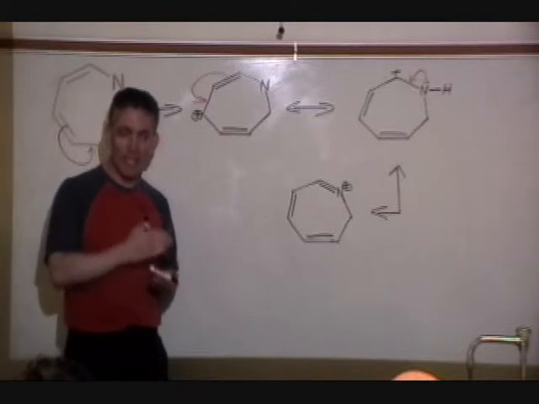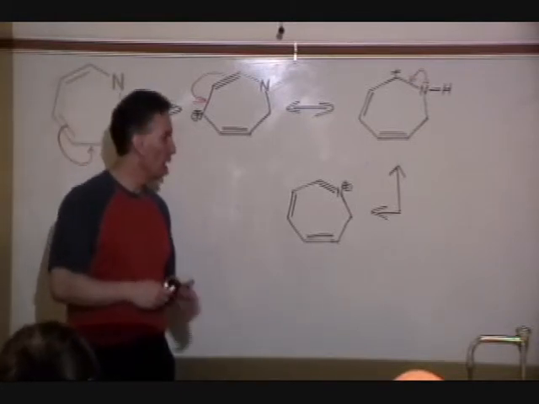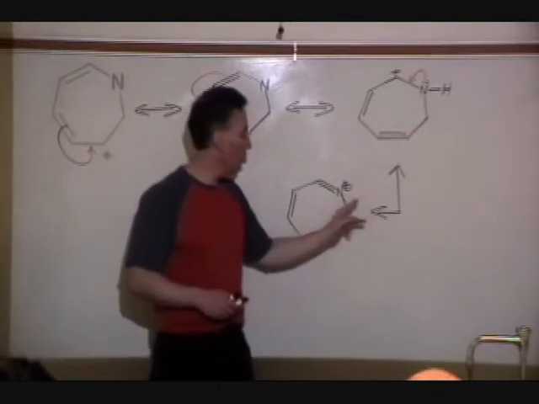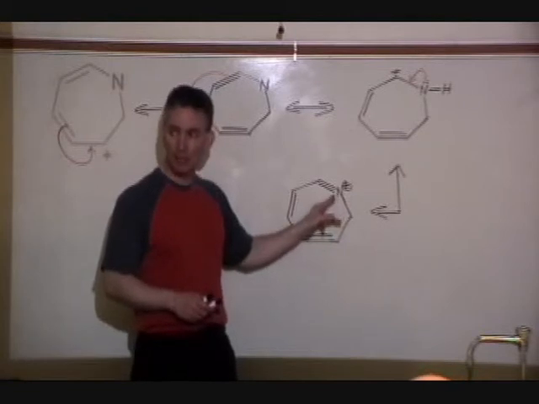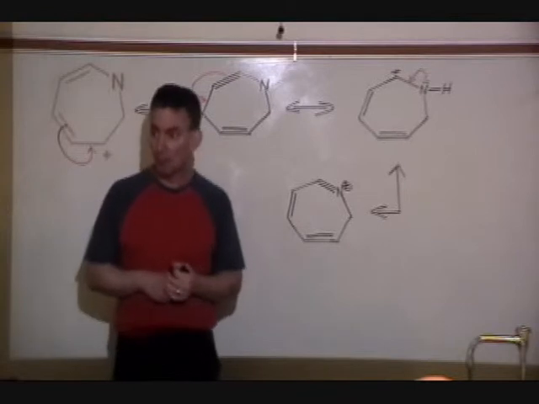So it's not as regular and systematic as the other ones were. Now nitrogen in the process has gone from sp3 hybridized to sp2 hybridized, a change in hybridization to make that structure happen.